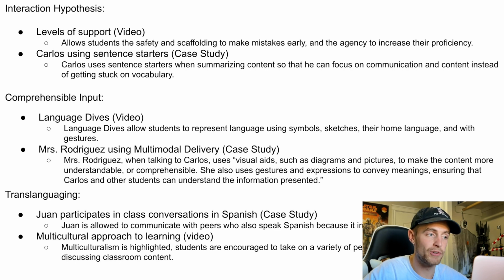They just allow their students to take on their own perspective and communicate from there, and also to interact with others, meaning culture and language as well. So highlighting cultural diversity in the classroom, both with the students that they have and then with other cultures that are present in the texts that they're learning about.